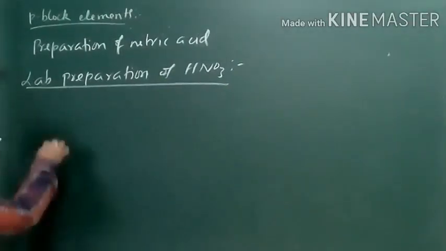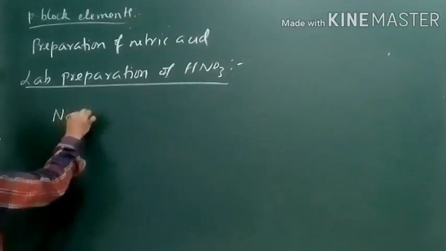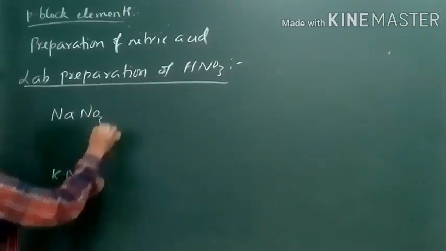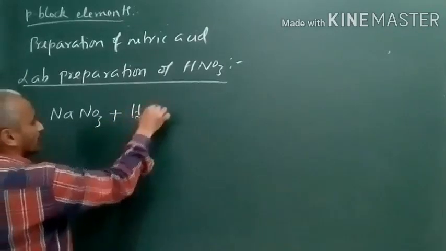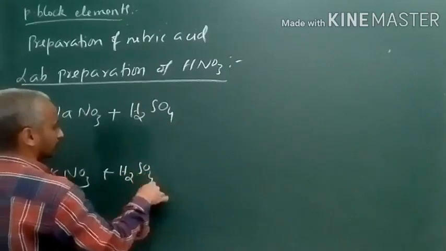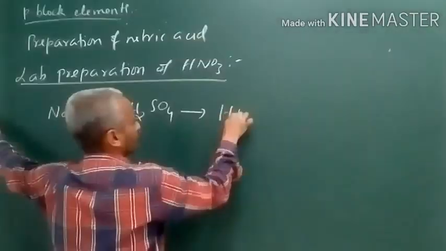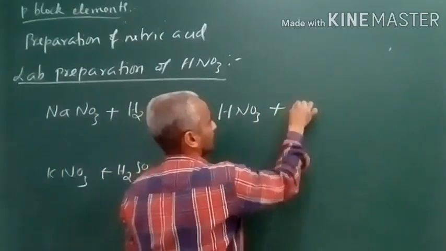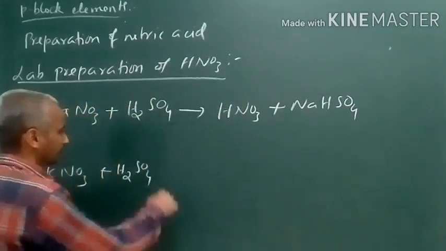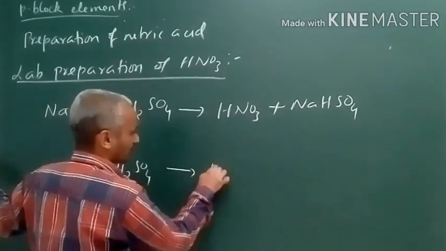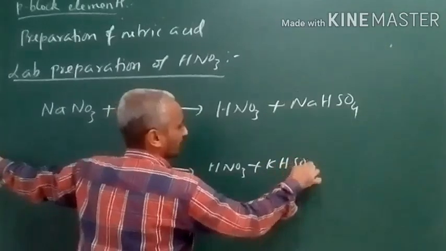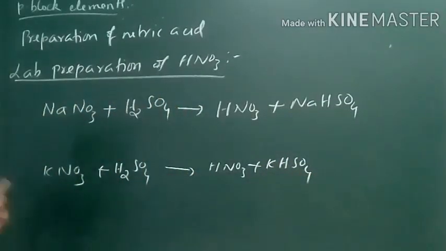In the lab method, sodium nitrate or potassium nitrate is treated with sulfuric acid. I am going to get HNO3 along with NaHSO4, sodium bisulfate. If potassium is there, I get HNO3 plus potassium bisulfate or potassium hydrogen sulfate.